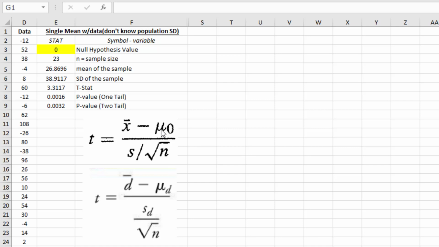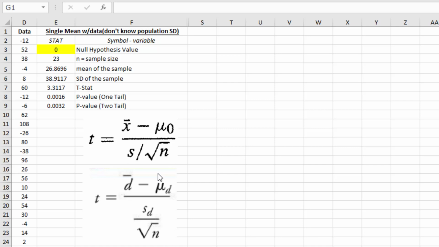And then instead of the hypothesized mean of the one population, this is the hypothesized average difference between those two populations. And then instead of the standard deviation of your sample, it's the standard deviation of all those difference scores, and then square root of n is exactly the same. So you can see that's exactly the same.